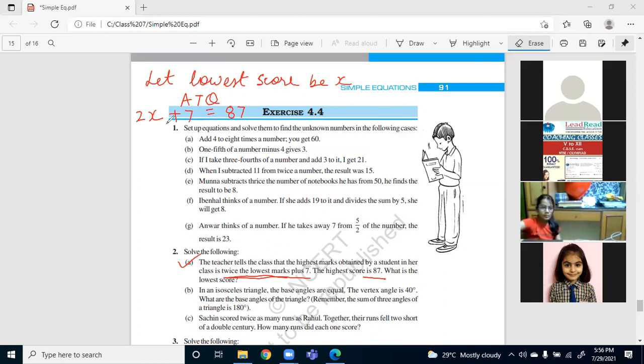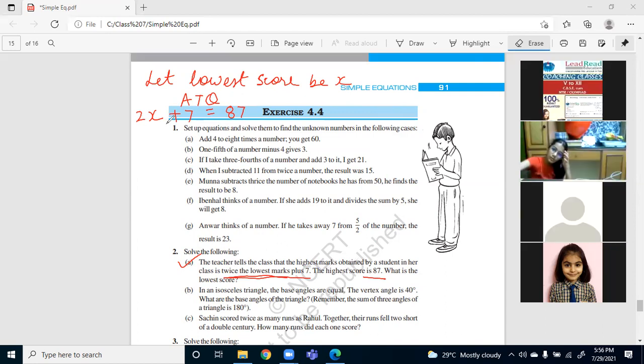Ma'am, I just made one mistake, ma'am, that I made plus 7 minus 7. Okay. So when you send 7 to another side, it will be minus 7. So 2x is equal to 87 minus 7 is 80. Now when you send 2 to another side, it will come in division. So you got lowest score as 40.